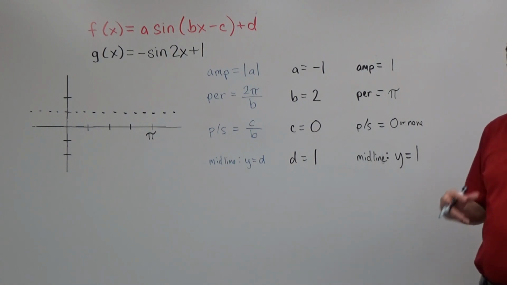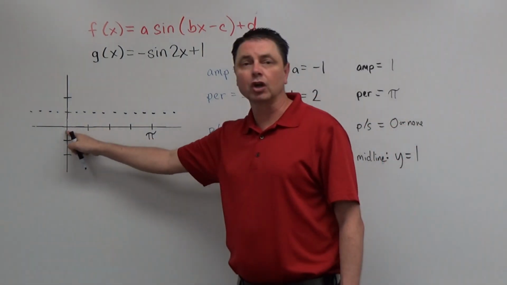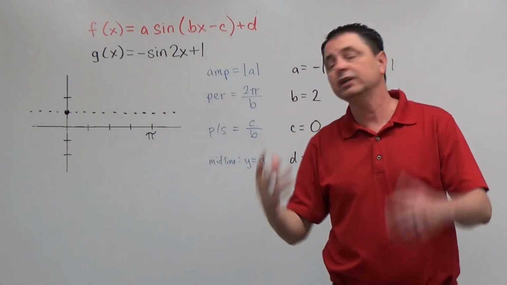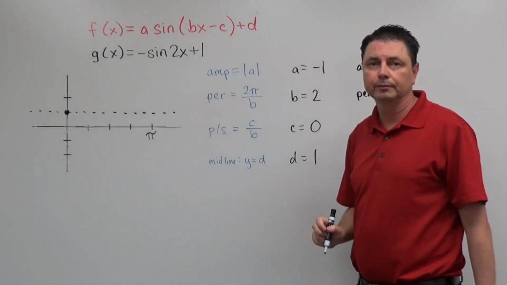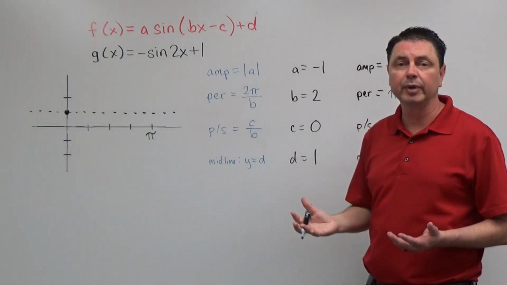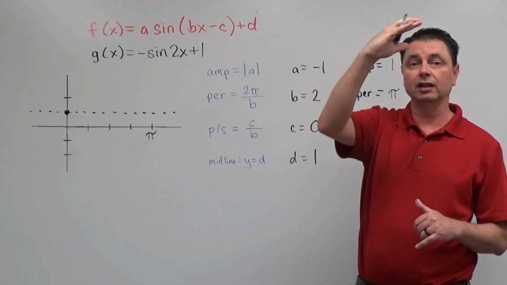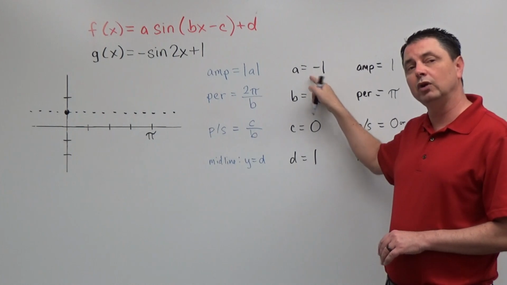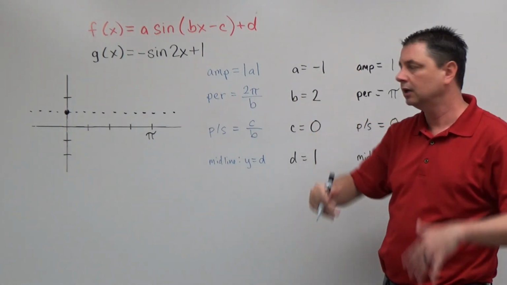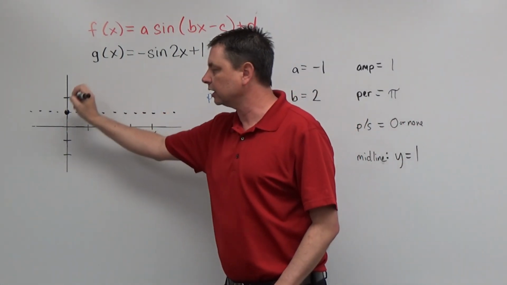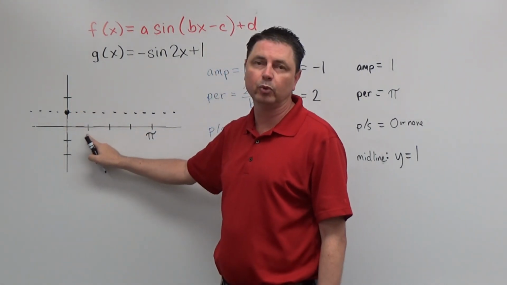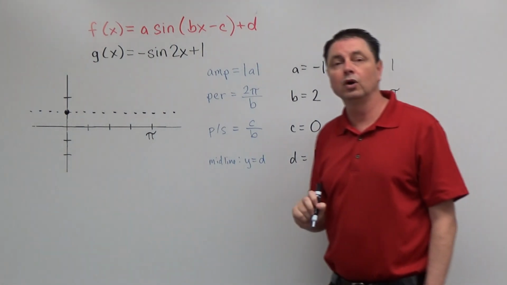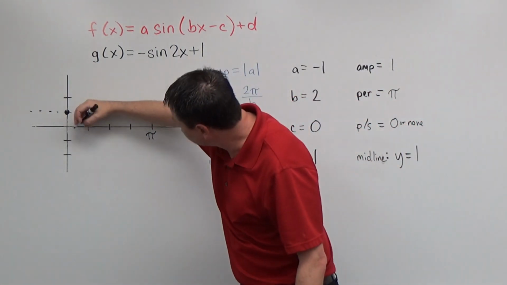From there, at 0, sine starts on the midline, which we shifted up because of the d value. And normally, as we saw in the parent function, the sine function begins by climbing and going up. But this time our stretch value is negative 1, and we do know that that makes a reflection. So instead of going up, we're going to start by going down. So at the next key point, we're going to be down, amplitude of 1, down 1 from the midline. So here we're 1 below.